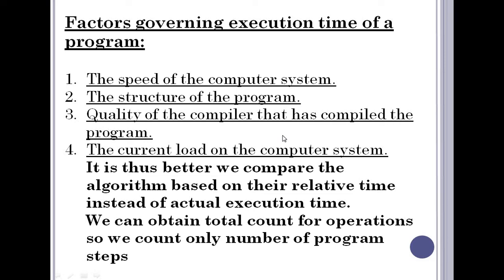So it is better to compare algorithms on their relative time than on the exact actual execution time, because actual execution time depends on many other factors. So we will always concentrate on the relative time, and find the total count for the operations, so that we count only the number of steps.